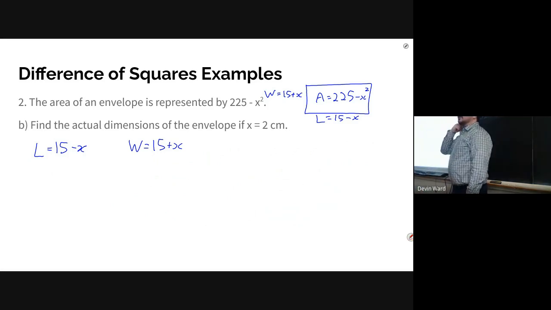So I know that my length is 15 minus x, and my width is 15 plus x.